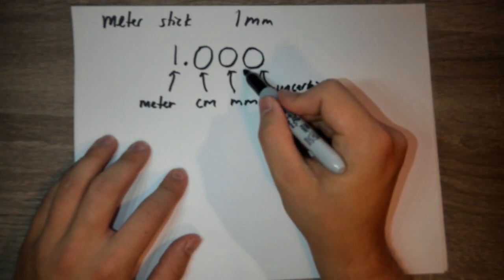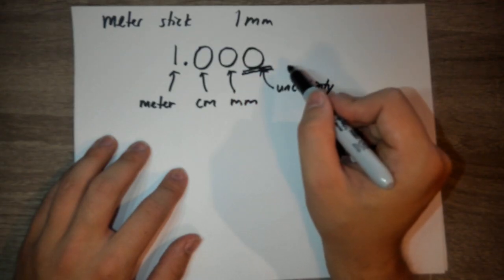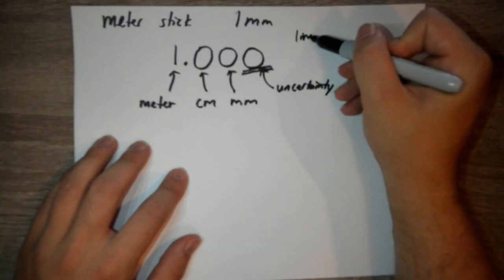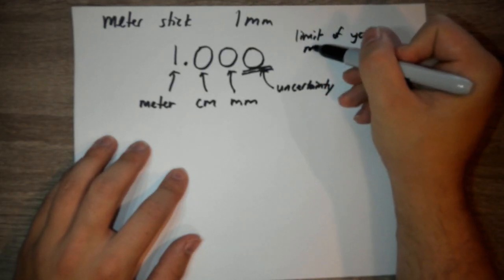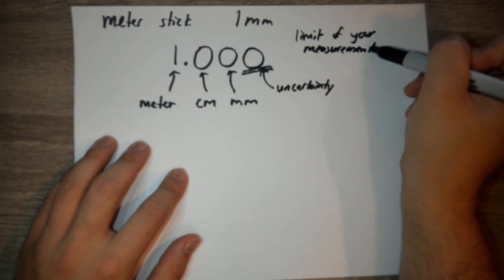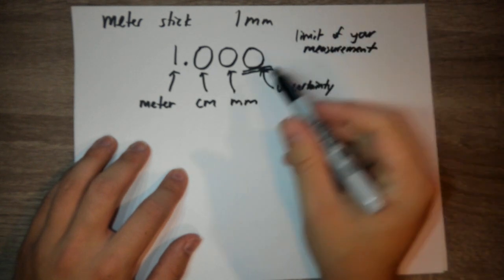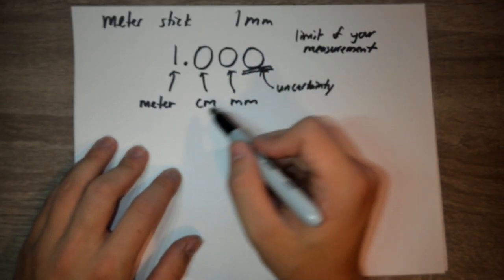So the last number in your decimal, so your last decimal point represents the limit of your measurement. So when you quote this final number, everyone knows you're not as certain about these numbers.